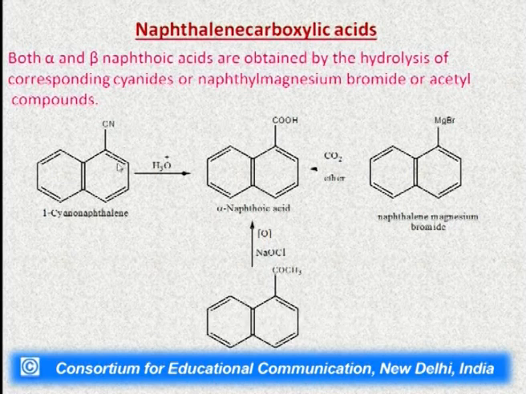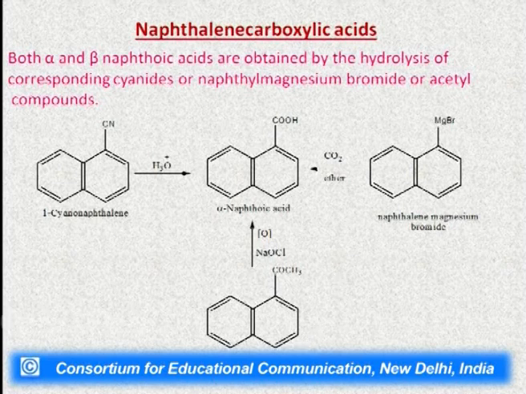If this cyano group is present at the C2 position, it will be 2-cyanonaphthalene, and after hydrolysis of that 2-cyanonaphthalene, we will get beta naphthoic acid. This alpha naphthoic acid can also be prepared from naphthyl magnesium bromide on reaction with carbon dioxide in the presence of ether, a volatile solvent.